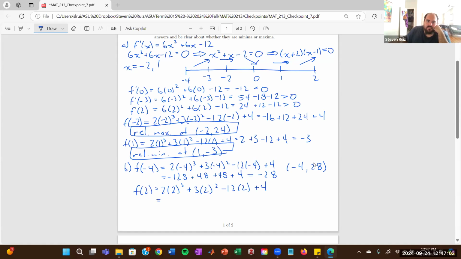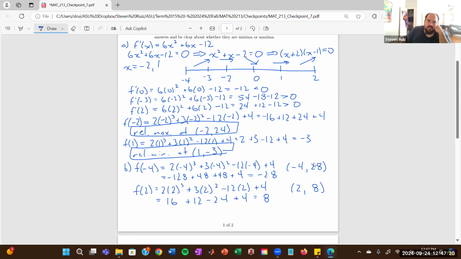So that's equal to 16 plus 4 times 3, 12, minus 24 plus 4. So all told that's 28 plus 32 minus 24 is 8. So the other point I have is (2, 8).